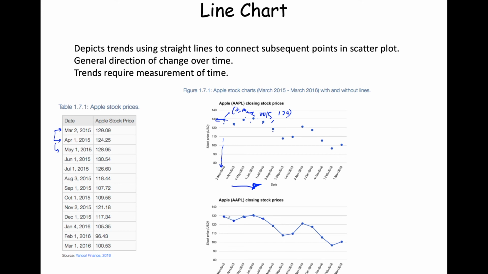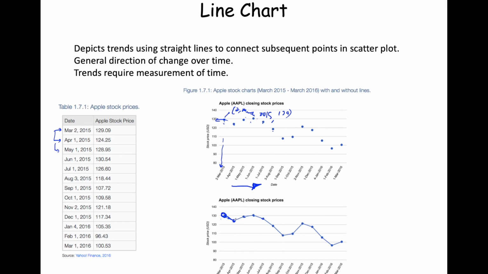So you can almost assume, okay, it must have been around this value halfway in between. So this is a line chart, and what a line chart's purpose is, it depicts trends using straight lines to connect the subsequent points in a scatter plot. And this gives you the general direction of change over time. So we know between our first measurement here and our second measurement here that it decreased.